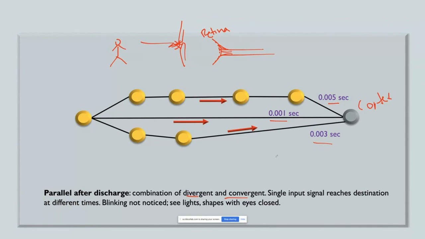Okay, and that's what explains also when you are looking, for example, at an image or at something for a very long time without closing your eyes, and then you close your eyes, you can see the lights, the shape of that person, or that monitor, or that light, or the sun, if you were looking at the sun. Don't do that, please.